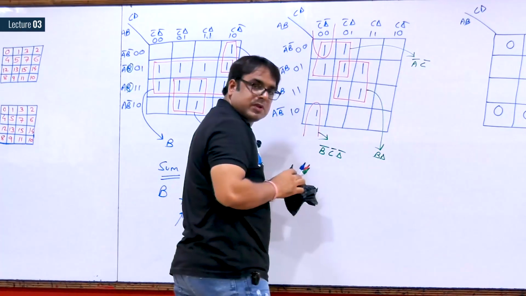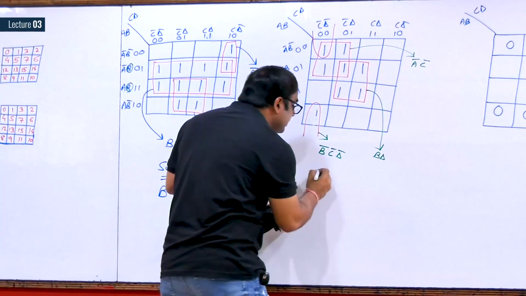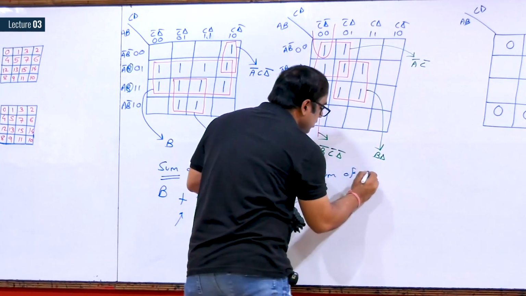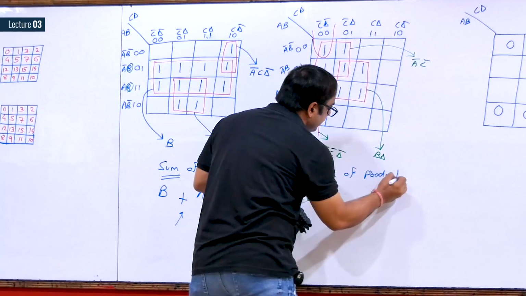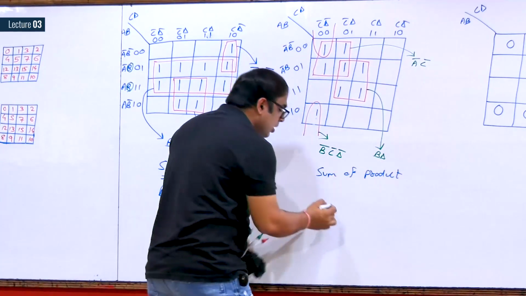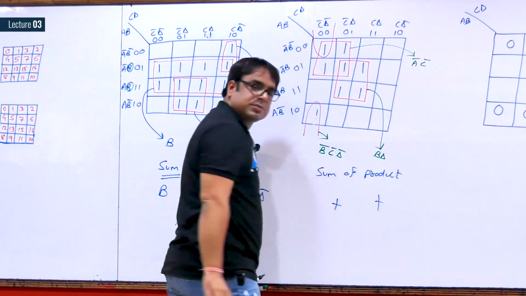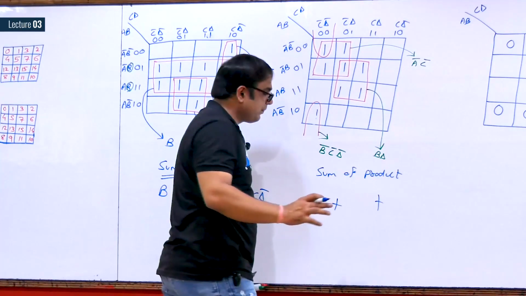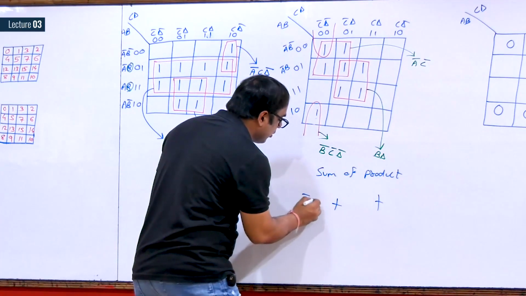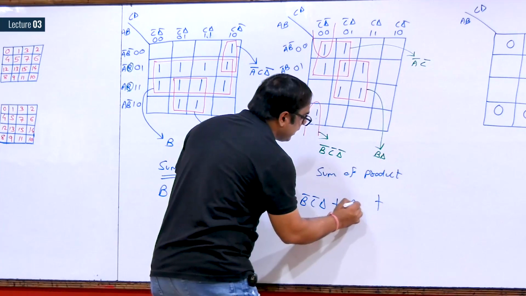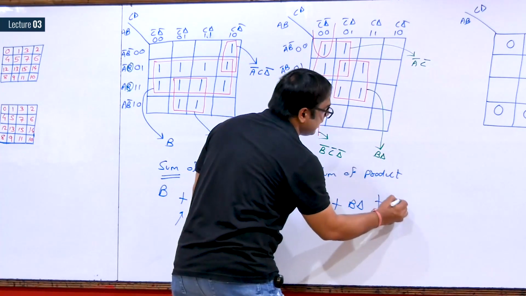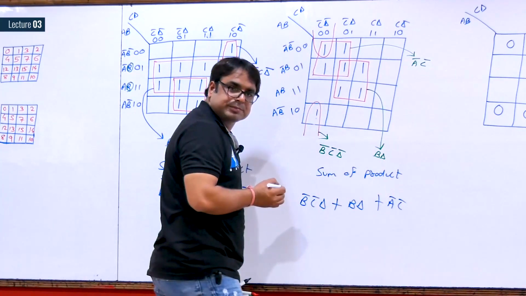So this is the term. Sum of product, it will be in sum form. So one term is B complement C complement D, it is BD, and it is A complement C complement.